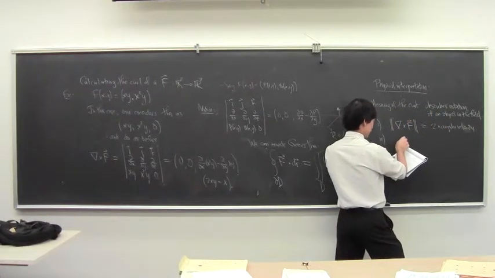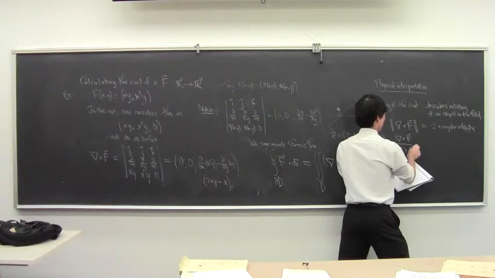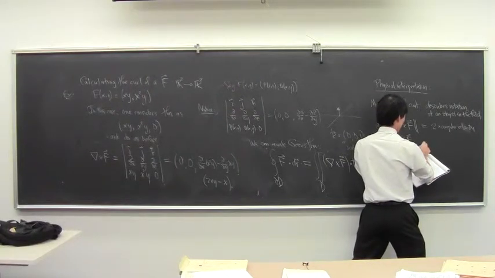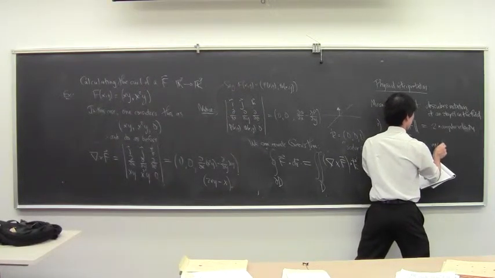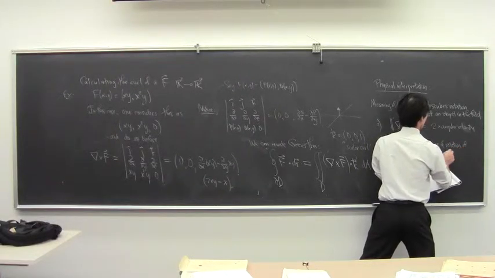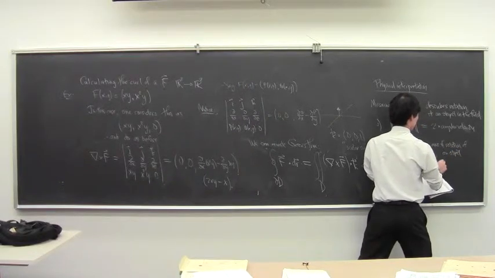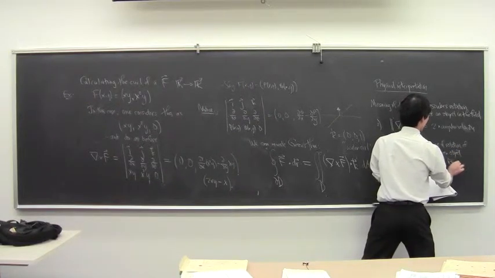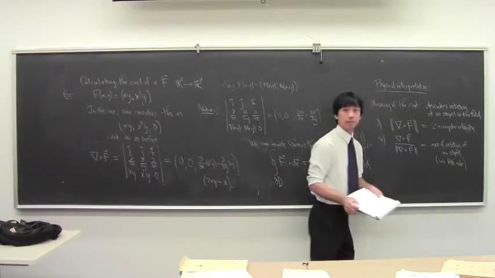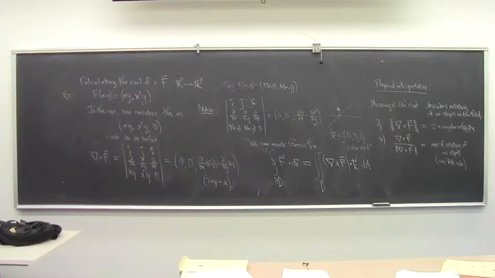And the direction of the curl is the axis of rotation of an object via the right-hand rule. So there's actually a physical meaning to this thing called the curl.